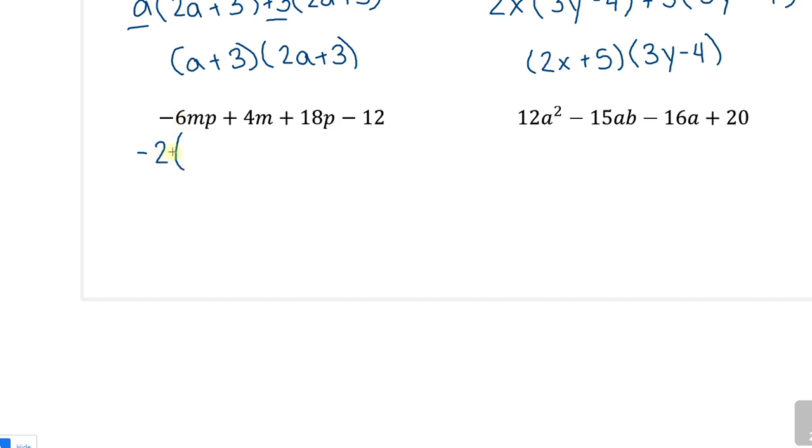Negative 6 divided by negative 2 is a positive 3, and then mp. 4 divided by negative 2 is a negative 2m. 18 divided by negative 2 is a negative 9, and then your p. Negative 12 divided by negative 2 is a positive 6.